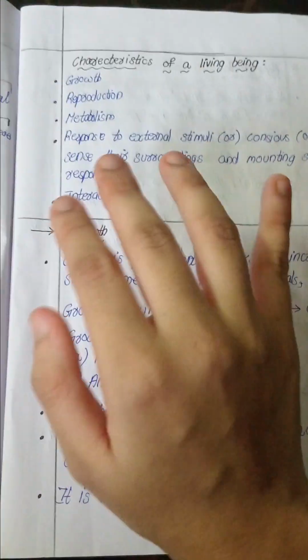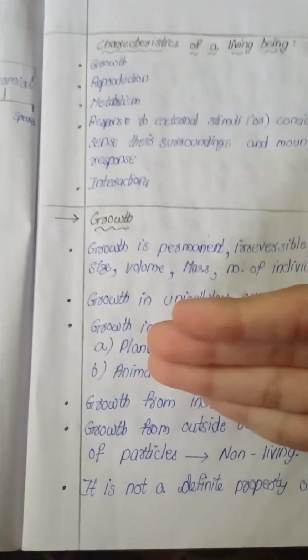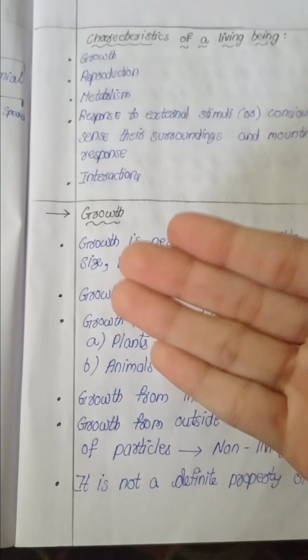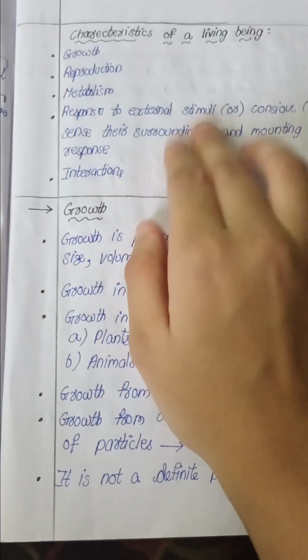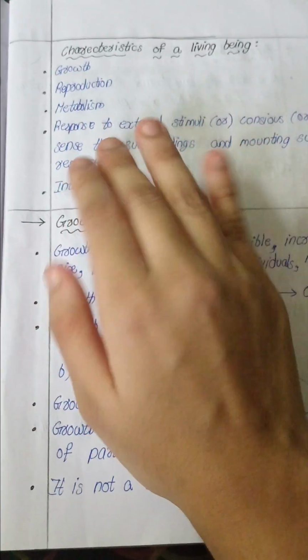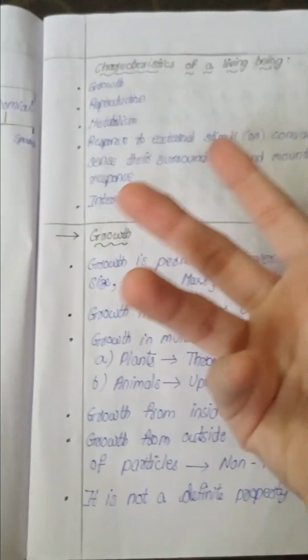Metabolism, as I said, the sum of chemical reactions in a body is called metabolism. Metabolism is like the sum of the inner changes going on in our body, the hormonal changes. We can take hormonal changes as one example. Response to external stimuli. External stimuli means if someone suddenly comes and beats you, you will immediately know that someone has hit you.